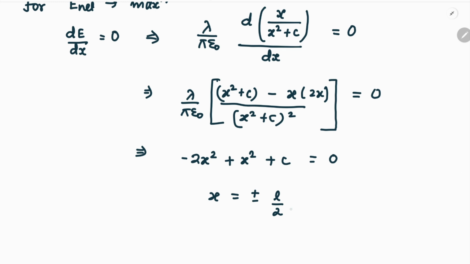That plus minus L by 2 represents that on either side of the wire system we will have the maximum value of field, and hence if we put the value in this expression, we get E maximum as lambda upon pi epsilon naught L. So this is the final answer for the problem which we are discussing, problem 3.22.